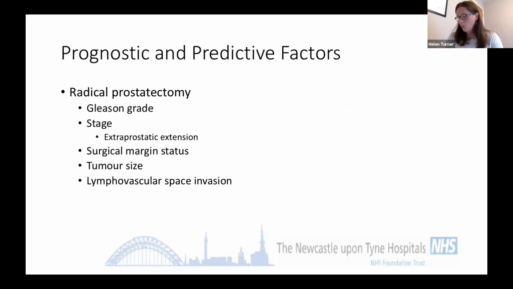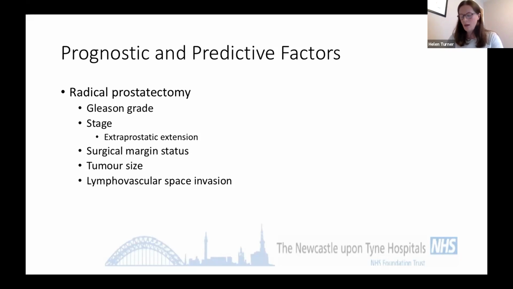There's debate about whether quantifying the amount of extraprostatic spread is of enough significance to predict rate of recurrence, but we will report it. Then surgical margin status, which I won't talk about too much because I don't want to upset anyone. It is a predictor of biochemical recurrence following radical prostatectomy. And again, reporting the extent of a positive surgical margin is linked to outcome, so we will report that as well.